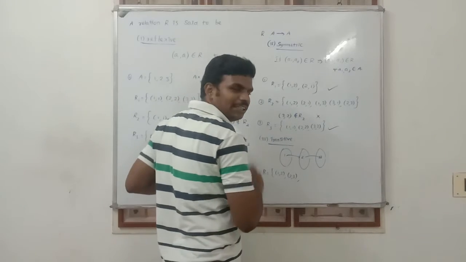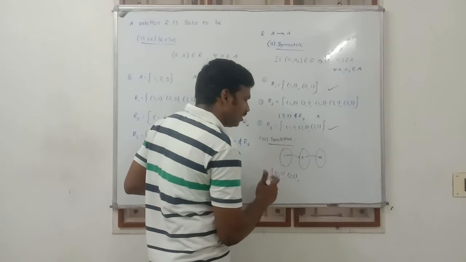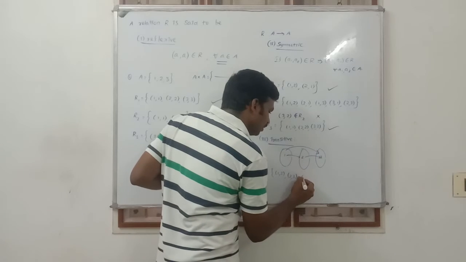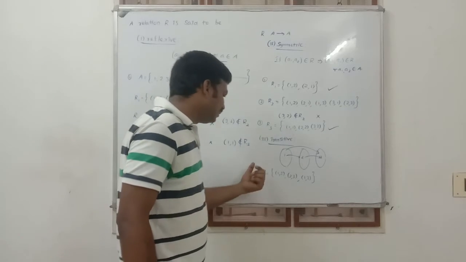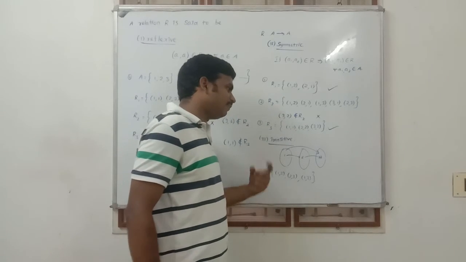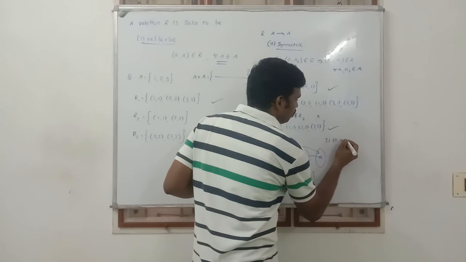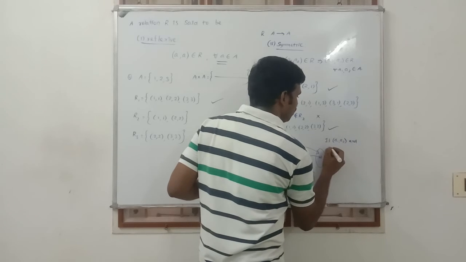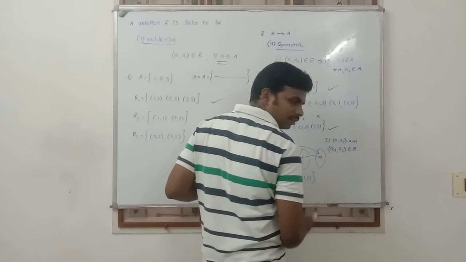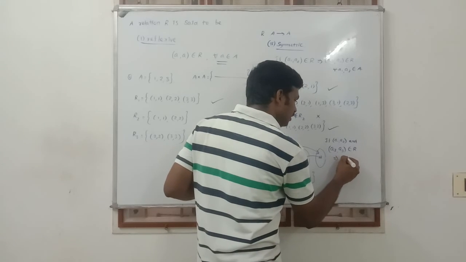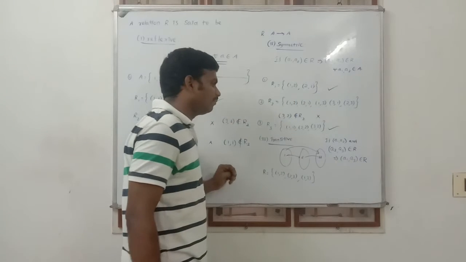If it is transitive, the condition is: 1 goes to 2, 2 goes to 3, then there must be 1 going to 3, that means (1, 3) must be in the set. Then we can call this relation transitive. The definition says: if (a1, a2) and (a2, a3) belong to R, this implies (a1, a3) belongs to R. This is the definition of transitive.